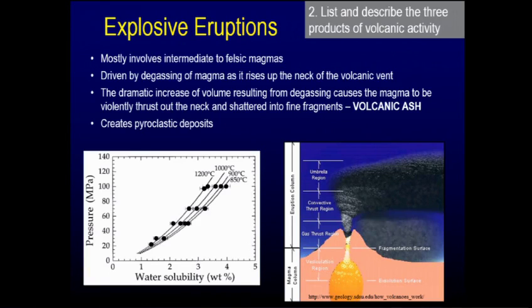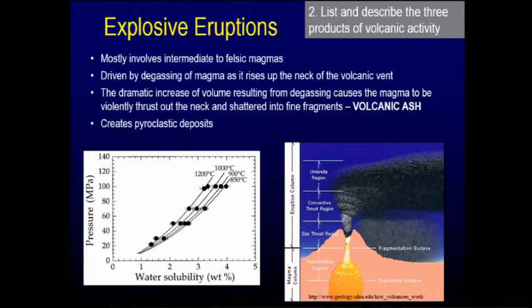Felsic magmas tend to have more gases to start with by nature of the process of partial melting that created them from the rock they were sourced from. So you might get intermediate to felsic magmas underneath a volcanic arc where you hydrate the mantle, you melt that, it emplaces into the crust and melts part of the crust and continues on as a fairly felsic magma.